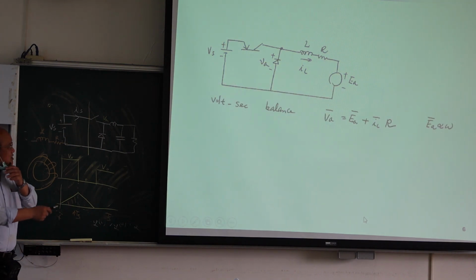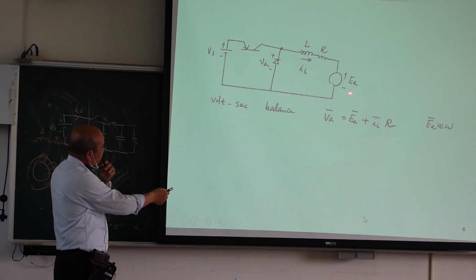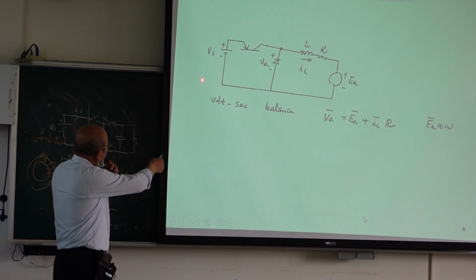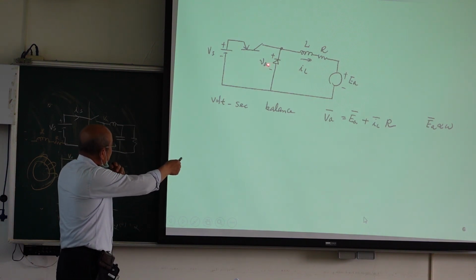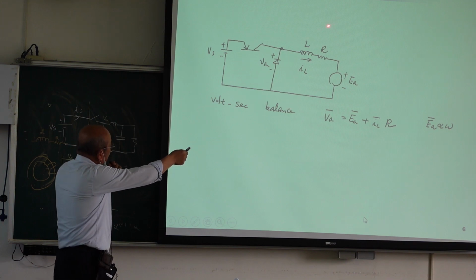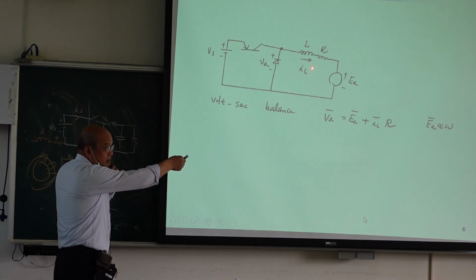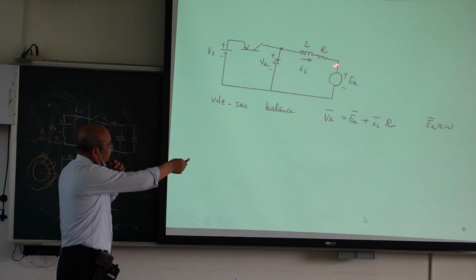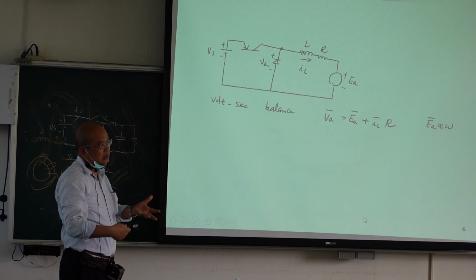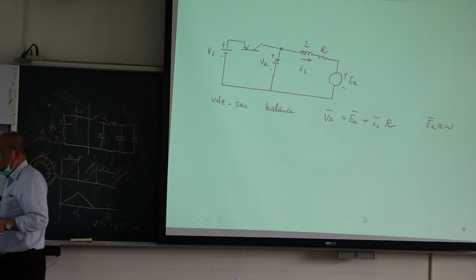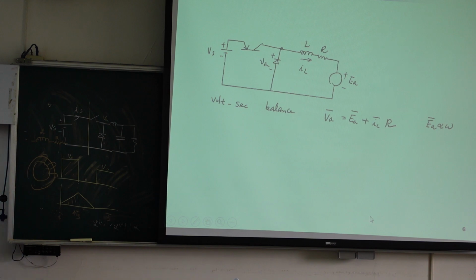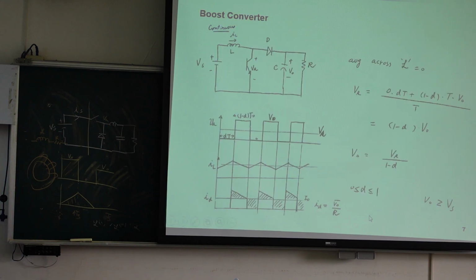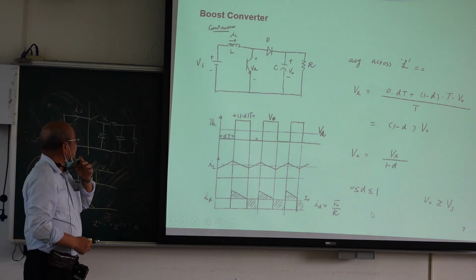And then we use this circuit, and we say the input power is equal to the power loss plus the output power. So then we can develop a new circuit. Then what can you get? A PhD, because you consider more.